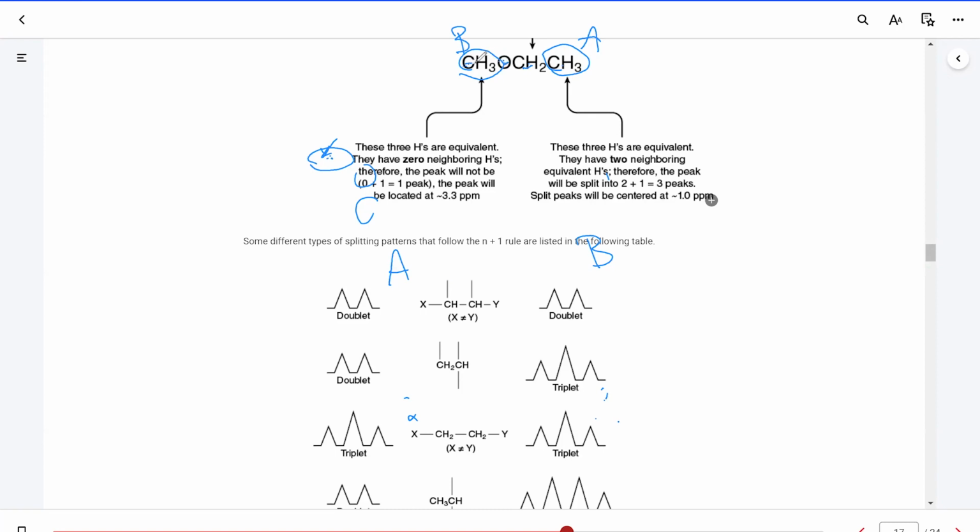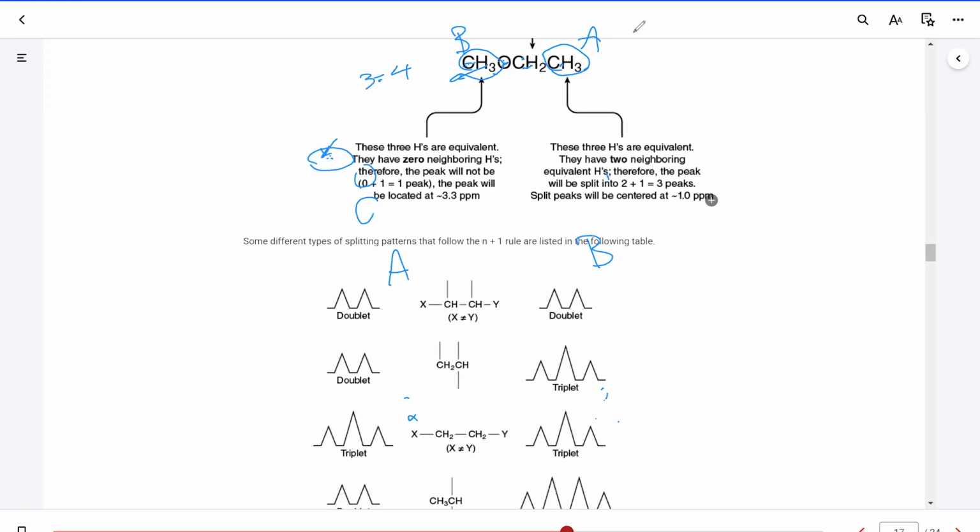So this one is going to appear between 3 and 4, but this one is going to appear between 1 and 2, because this oxygen is in the molecule. If we didn't have the oxygen, this would be at 0.9, but since we have oxygen on the neighboring carbon, it's going to deshield this slightly, but it's not a direct effect. So it's going to appear between 1 and 2.